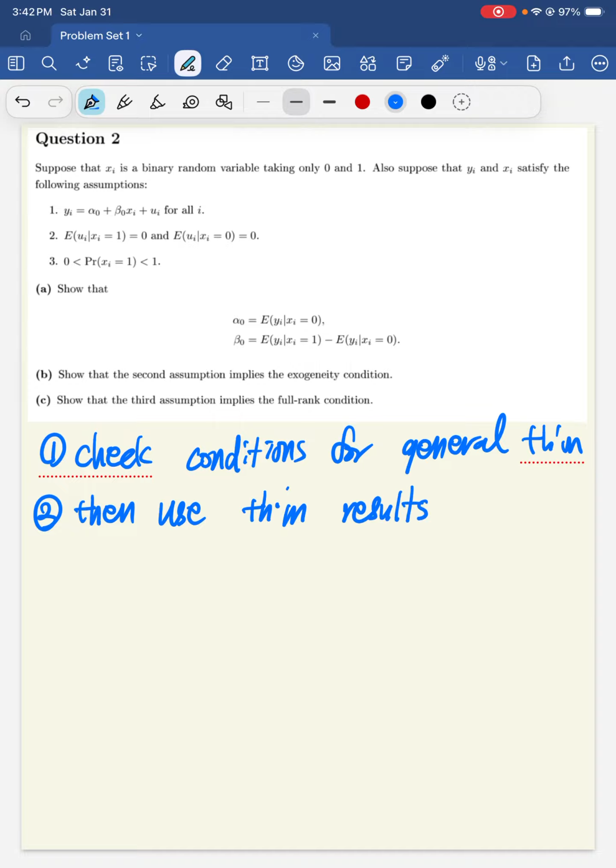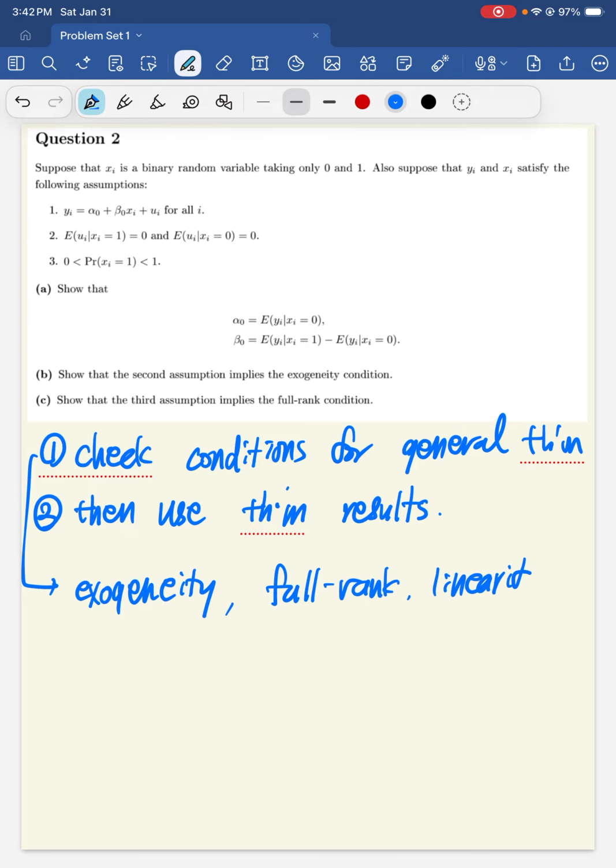It means the first step is you check exogeneity and the full rank assumption, because the linearity assumption is automatic, it's the same thing. So we are borrowing the result from question 1.